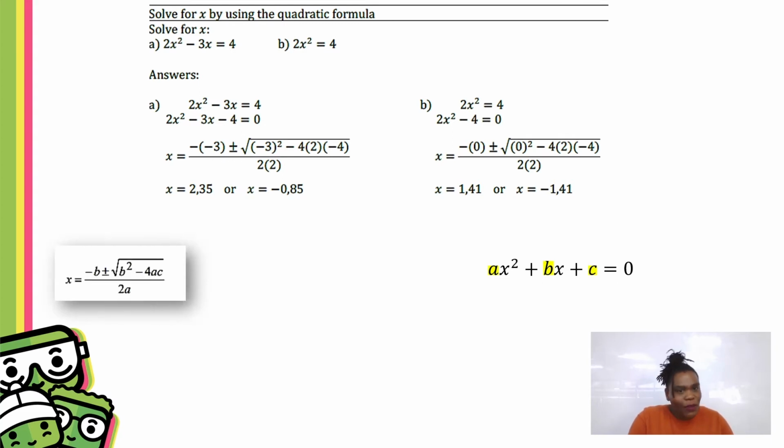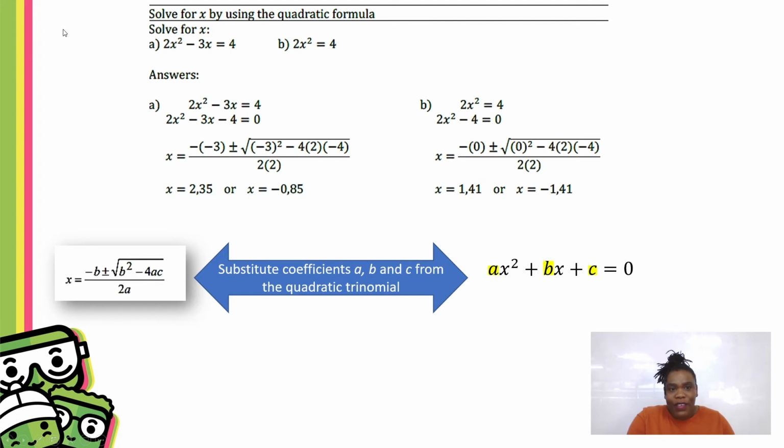The quadratic formula is given to you on your formula sheet. It's the first formula there. Use it. You need to know what to substitute where. So if this is your quadratic trinomial, you're looking at the coefficients of the x terms. So it's 2x squared minus 3x minus 4.